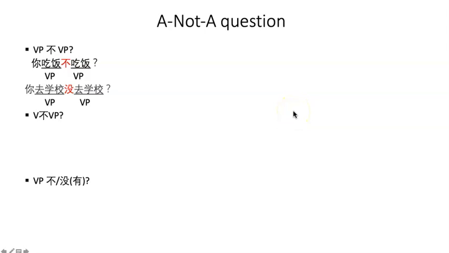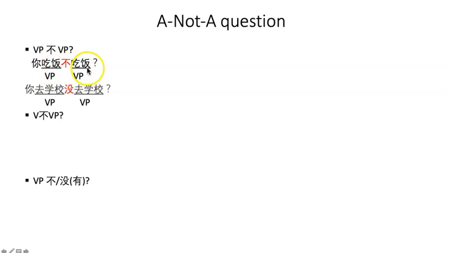你吃饭不吃饭? So 吃 is the main verb and 饭 is the object of the verb. Together 吃饭 forms a verb phrase, and the A not A question can be formed. The first formal pattern of A not A question is the full verb phrase form, 不, followed by another full verb phrase form.